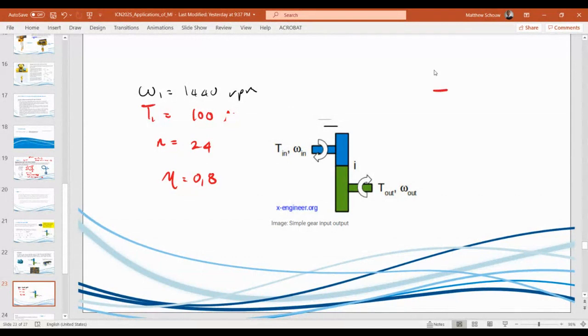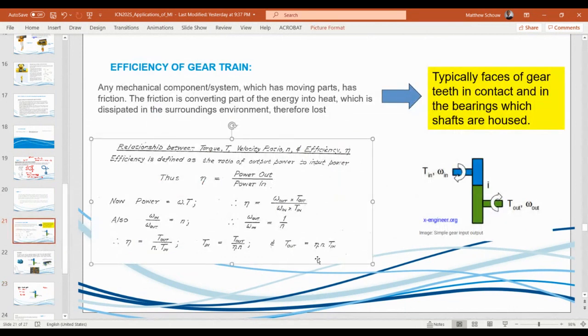So to find torque out, right? If you get back at these models over here, these equations, so what you're expecting is that T in equals T out over... Okay, let me just do it like this rather.